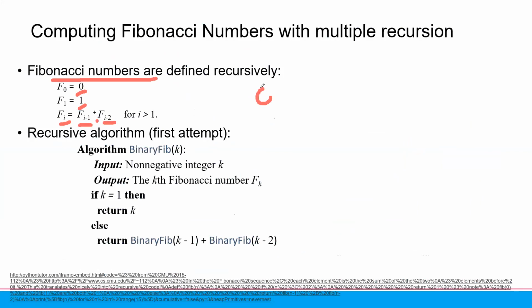So if I have 0 and 1, at index 0 and index 1, the index 2 will be index 0 plus index 1. Index 3 will be index 1 plus index 2. Index 4 will be index 2 plus index 3. Index 5 will be index 4 plus index 3, and so on.